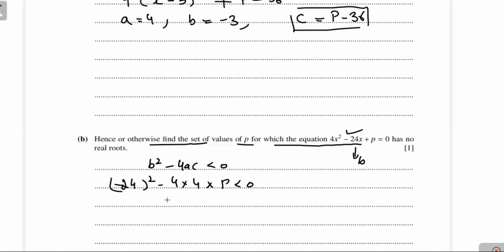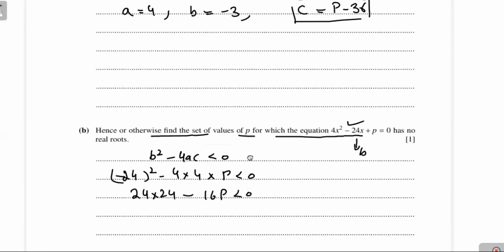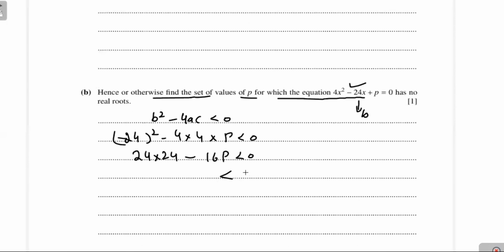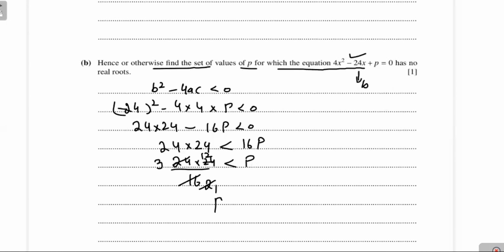We can write it as 24 into 24 minus 16p is less than 0, and we shift the 16p from left to right side. 16p is greater than 24 into 24, and p will be greater than 24 into 24 over 16. Now therefore we get p is greater than 36. Therefore the values start from 36 onward, to infinity. This is the answer.